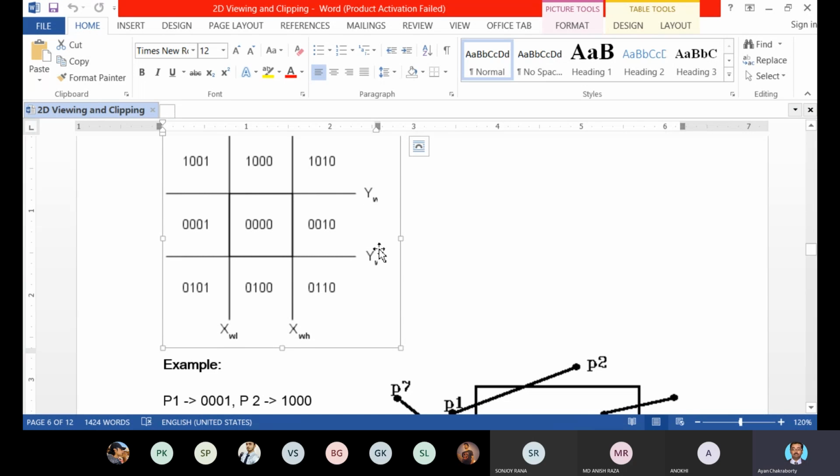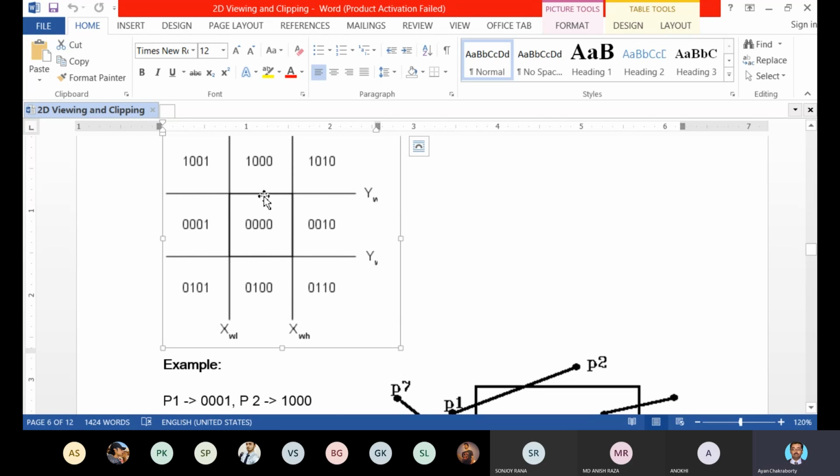YWL and YWH are Y window low and Y window high. So this central region is our window. If we are at the left side of this window, then the first bit of the region code will be 1.